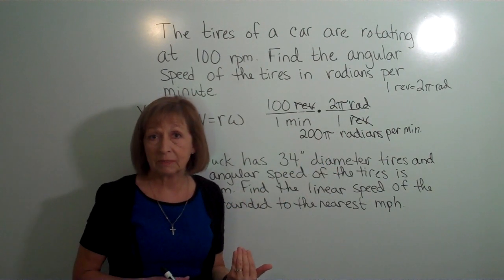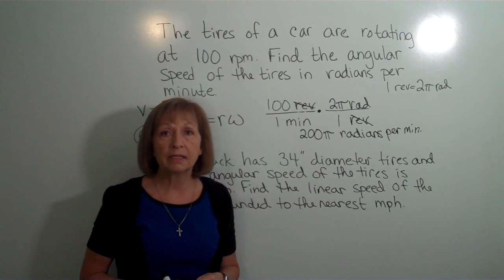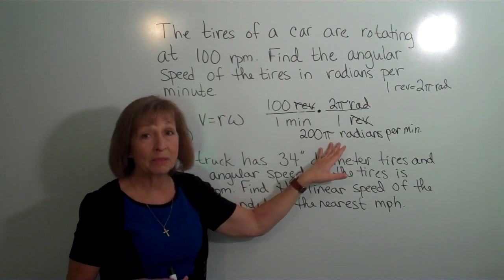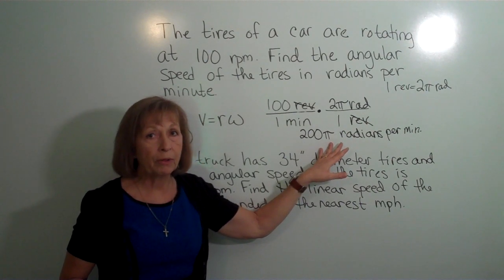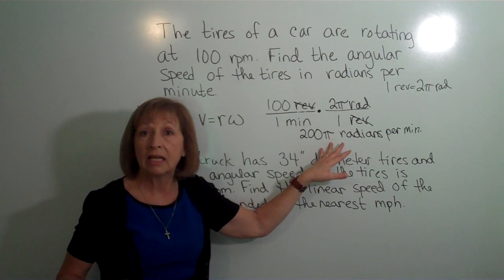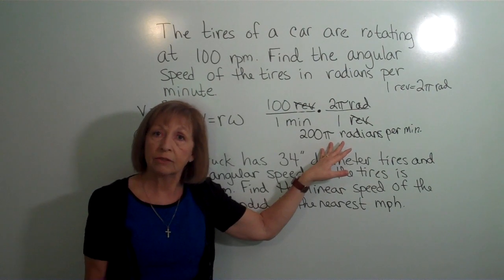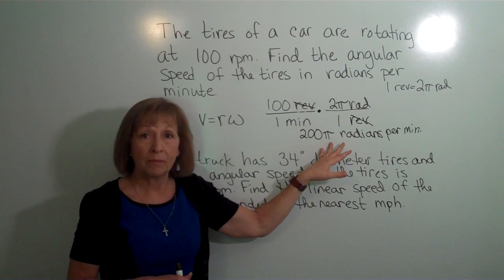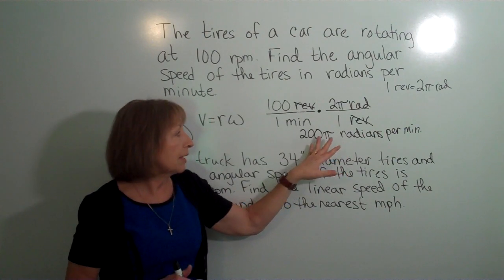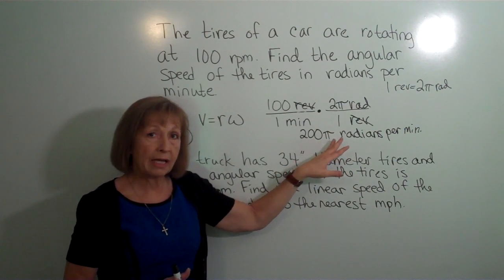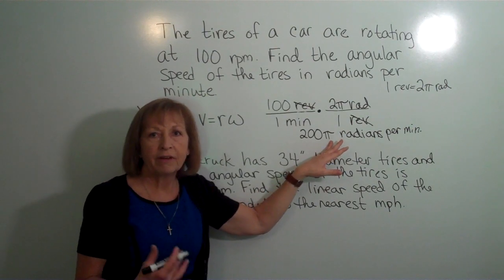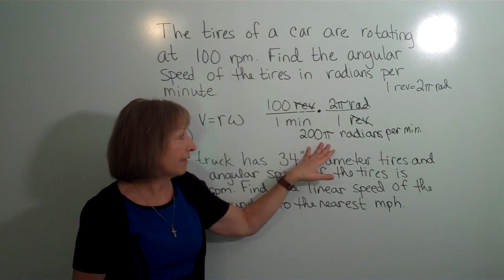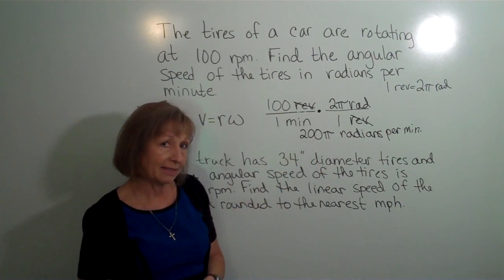If it asked me to approximate, I would have to pay attention to what the rounding should be, and then take my 200 times the pi key. Don't just use 3.14 because that's an approximation, and if you're supposed to give your answer in more accuracy than that, you are not going to come up with the correct answer. So you want to use your pi key and take 200 times the 3.14159, etc., and get the value first and then approximate it after that. But here we're just going to leave it exact.